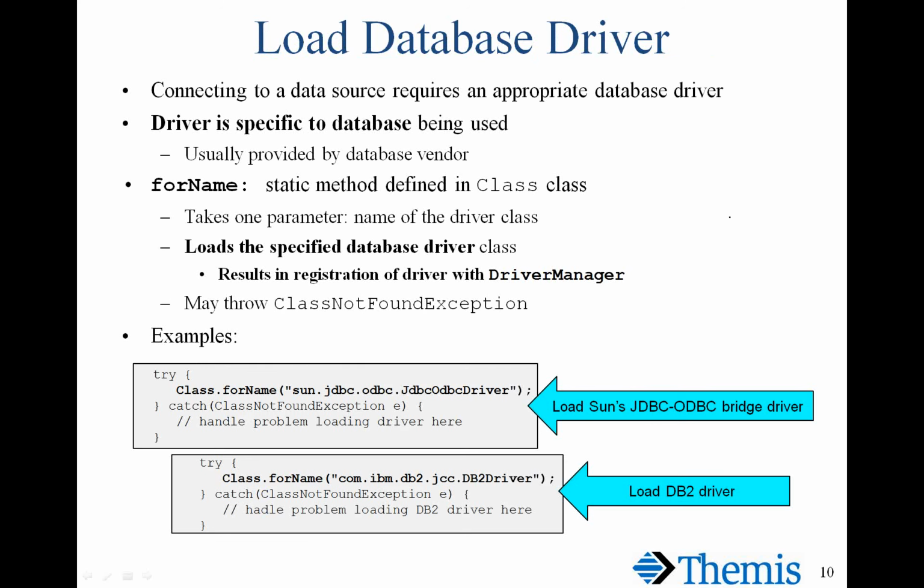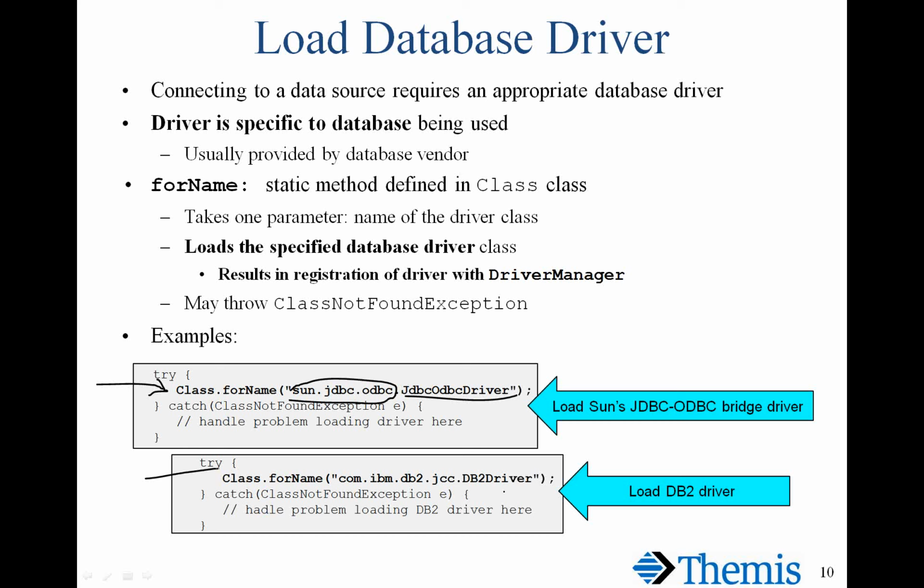Loading the database driver, again, is something that is not typical in a server-based application where connection pools are used. The code for that is right here, Class.forName, which tells the Java environment to load the class. This class is the JDBC ODBC driver, which resides in a certain package.